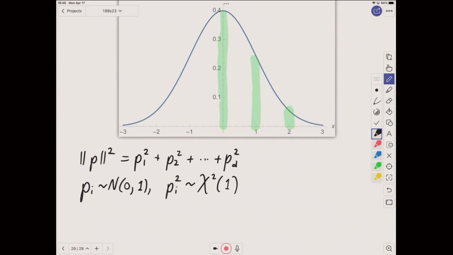And it's written like that. Some known facts about the chi-squared distribution are that the average value of pi squared is 1. Remember, the average value of pi is 0, but the average value of pi squared is not 0, it's 1. And the variance of pi squared is 2.